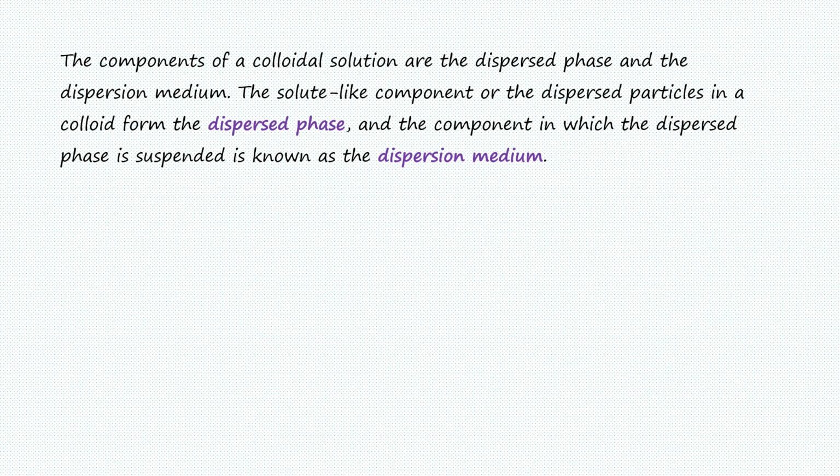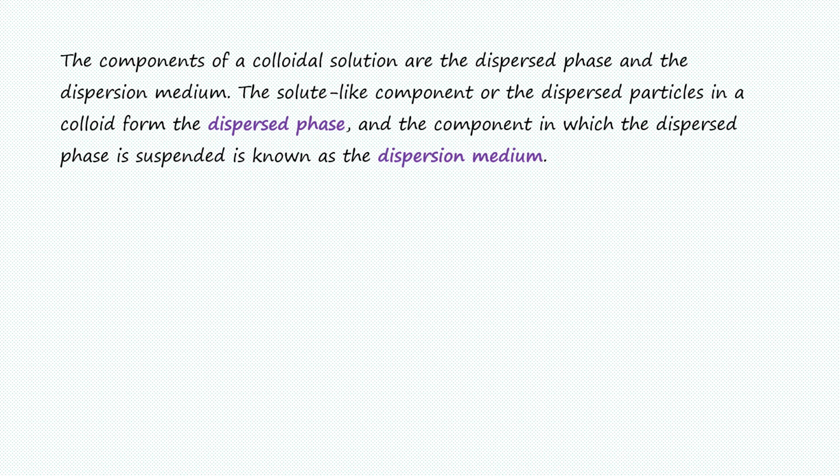Now, you see here, if I ask you to prepare copper sulfate solution, what will you do? You will take some amount of solid copper sulfate and dissolve it in water. So copper sulfate is the solute and water is the solvent. And when you mix these two, we get copper sulfate solution.